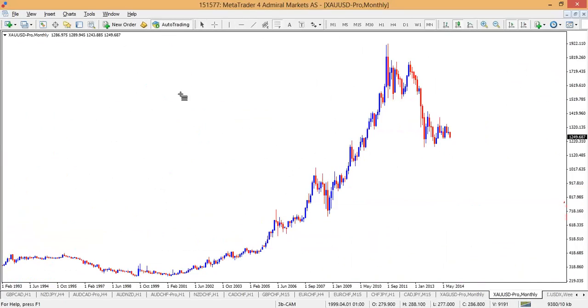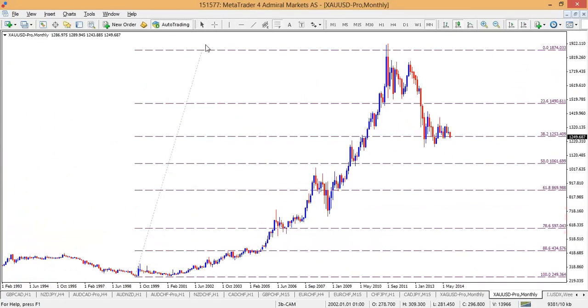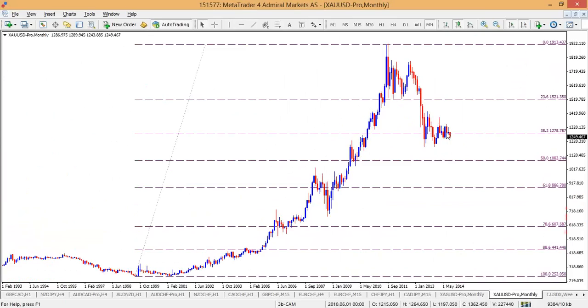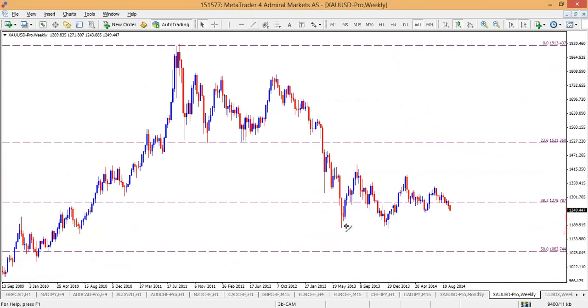XAU price kind of is at the 38.2 fib, so relatively silver fell a lot more than gold, so silver value versus gold value dropped over those last few corrective years. But anyhow, despite that, the same scenario lingers for the XAU. It's not as bearish, but it's still a consolidation zone after downside.